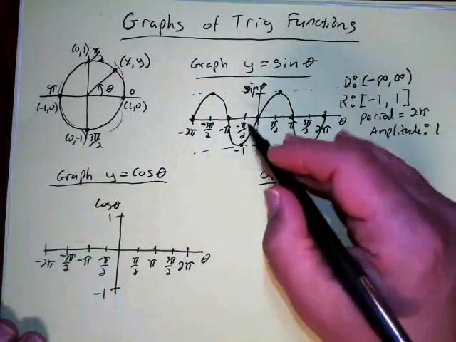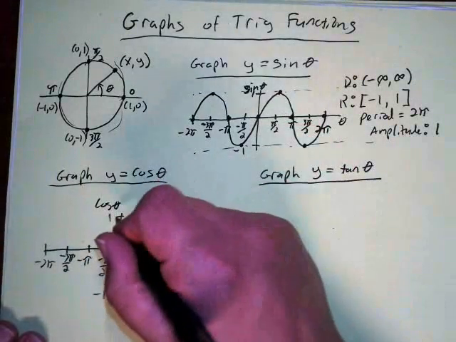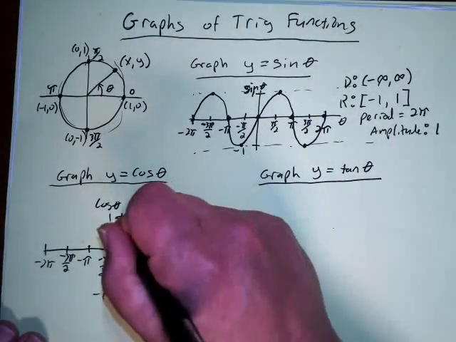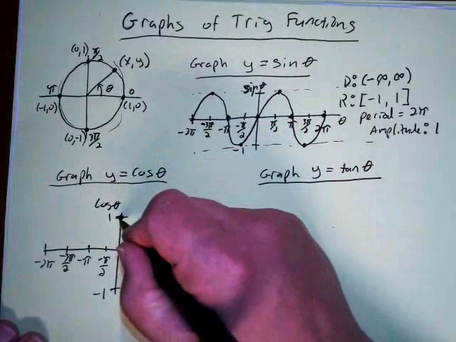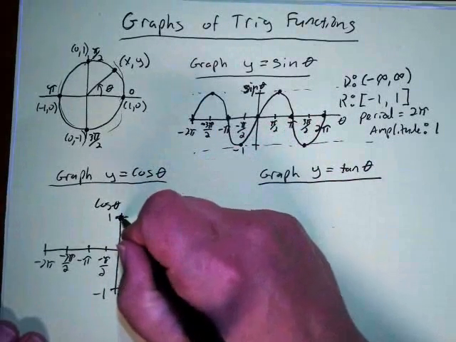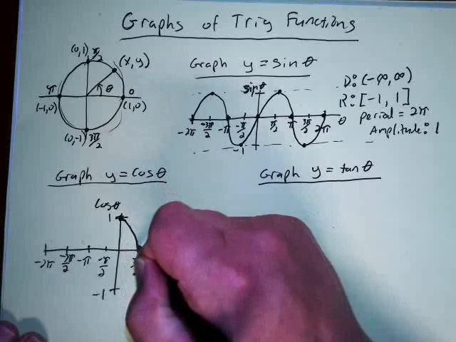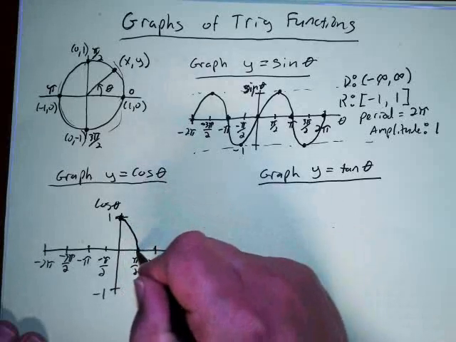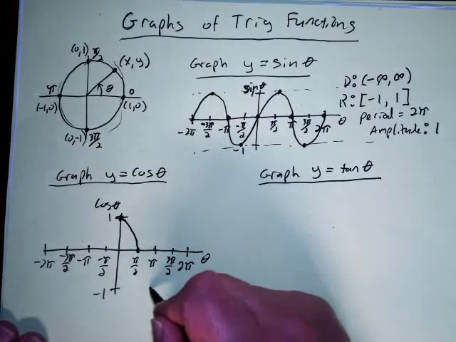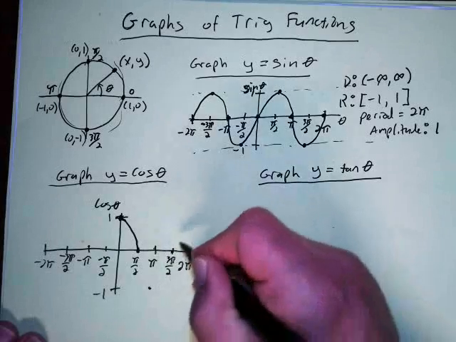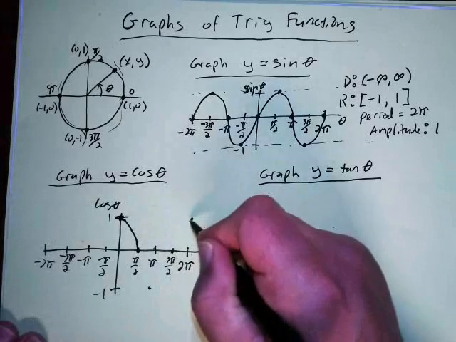And the difference here, this is very similar to the sine wave, except here at 0 it starts at 1, and then it goes down like this to 0, and then it goes down to -1, up to 0, back up to 1. So it would look like this.